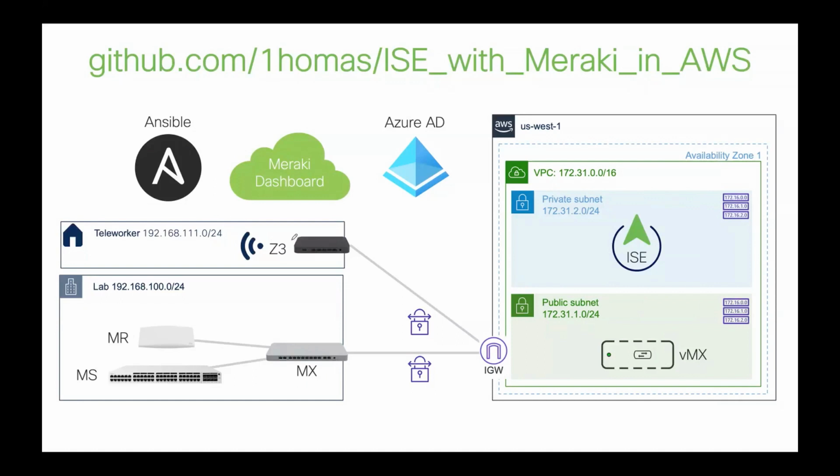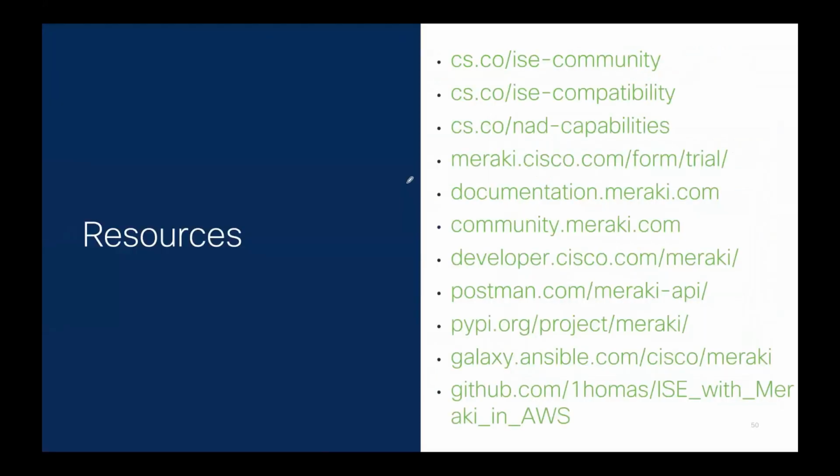So everything you saw today was all running in the cloud. We were configuring it with Meraki Dashboard. We were authenticating against Azure Active Directory. So hopefully, if you guys are interested in doing this, you can go to my GitHub repository, take a look at the code on how to do that for yourself. And with that, I'll leave you with some resources and see if there's any other additional questions, Rigo.